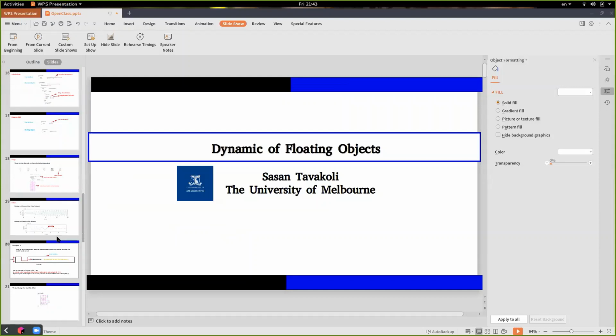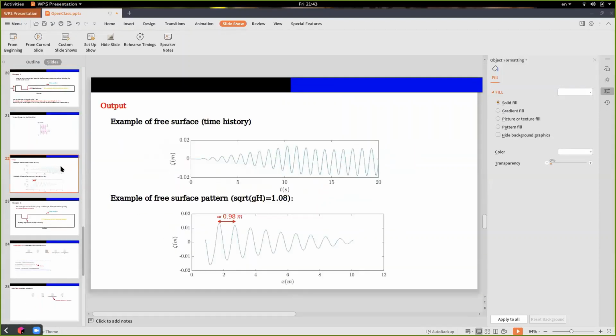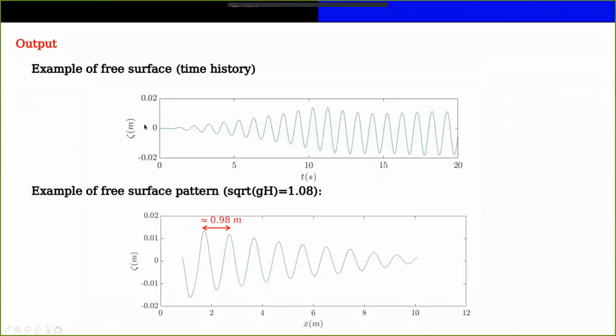So you have got the time history of the waves again at the point. It's just near the body, and you can see the free surface pattern at the last time step. And you have got the longitudinal direction and free surface elevation. And this time, you can see that the peak-to-peak distance is a little bit smaller than 1 meter.